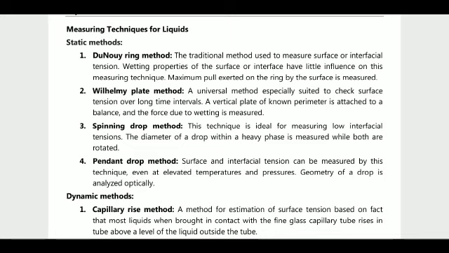Fourth method, pendant drop method. By the use of this method, both surface and interfacial tension can be measured at increasing temperatures and pressures. In this method, the geometry of a drop is analyzed optically.